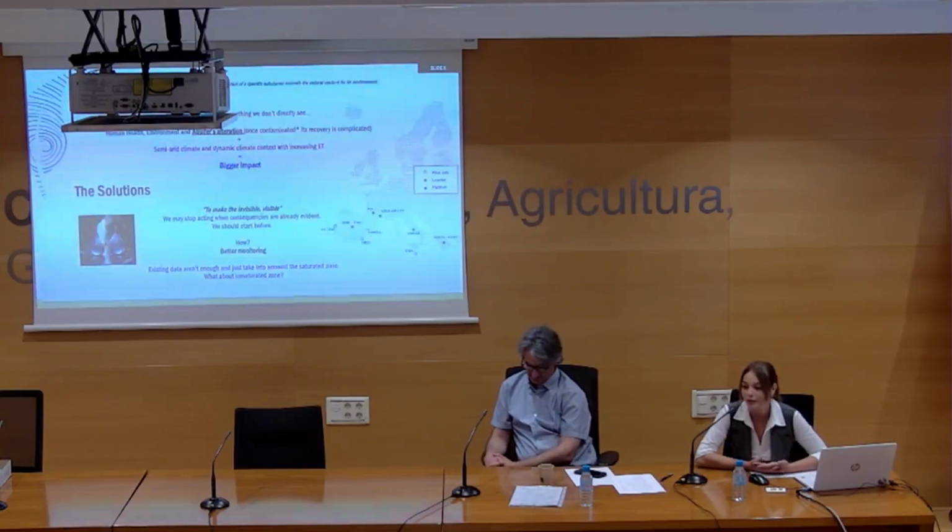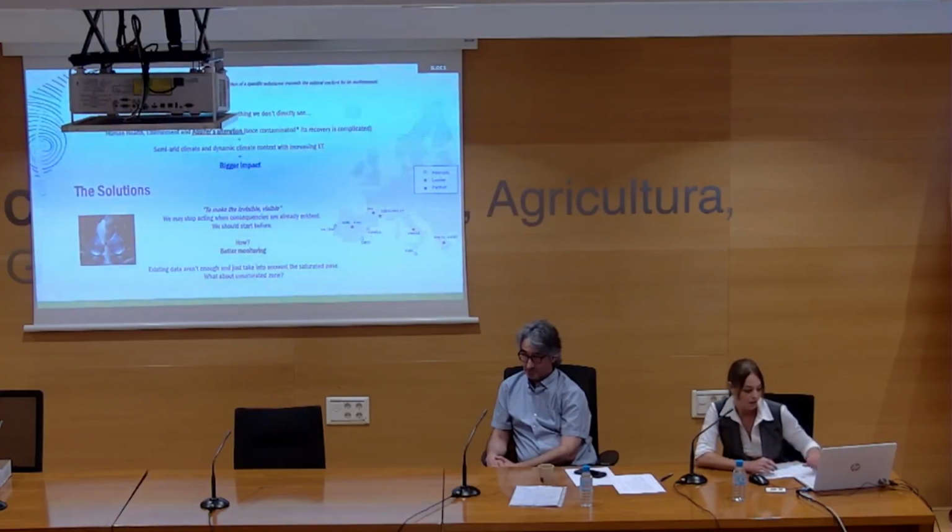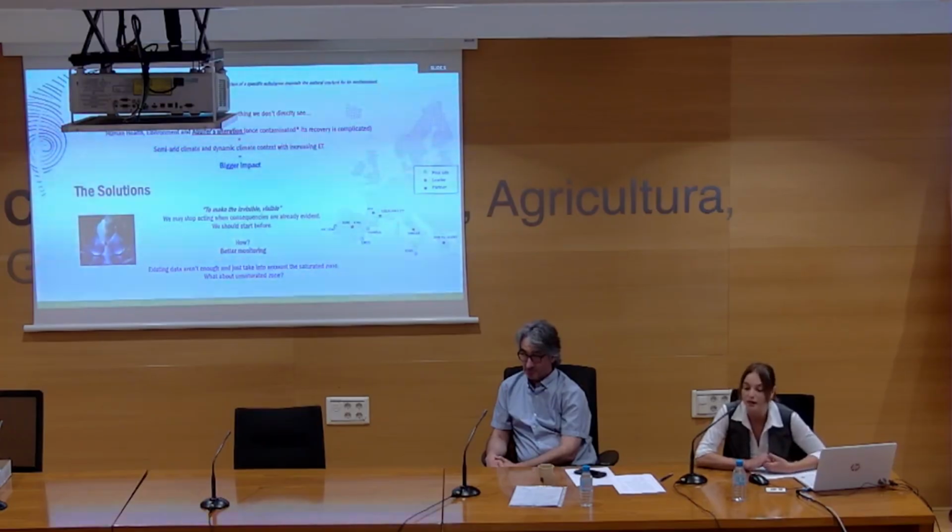And how can we do that? With a better monitoring network and better monitoring of both the unsaturated and the saturated zone. That's why, when we did an inventory in our project, we figured out that the data that are available are not enough to properly manage the situation, and most of the data that we usually analyze are about just the saturated part of the aquifer.